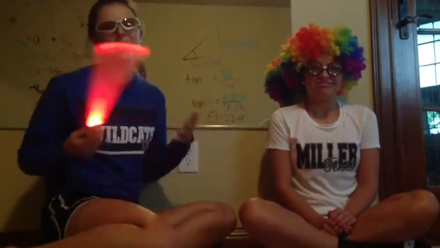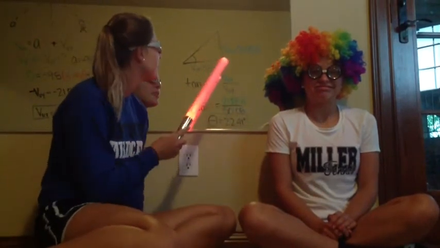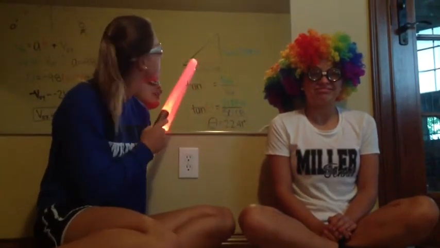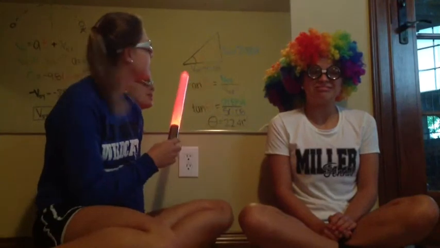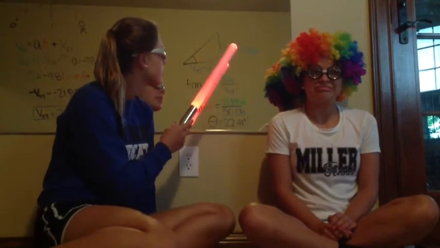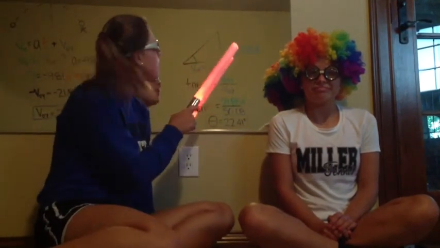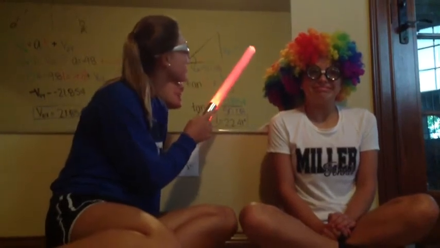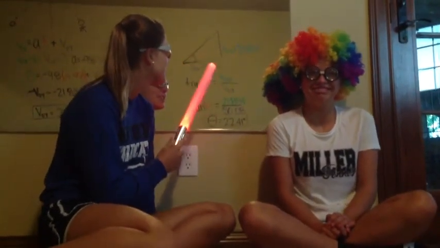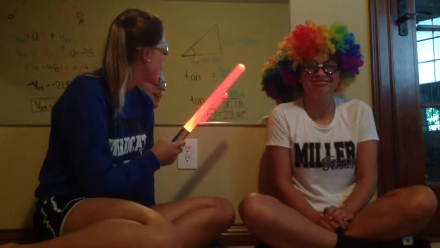Okay, so the third step is to find the angle at which the ball came off the bat. To do this, you just use the velocities that we just found. So v naught y is equal to 21.854, and v naught x is equal to 50.08.